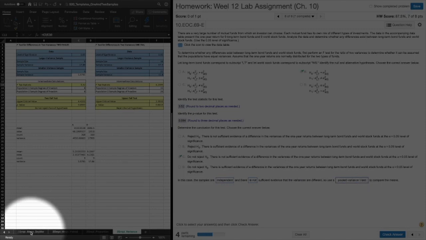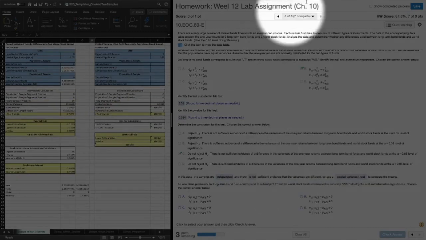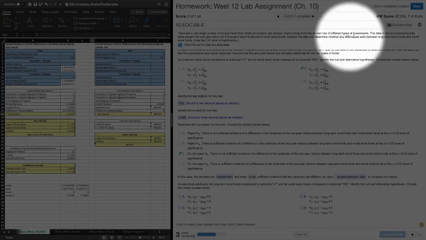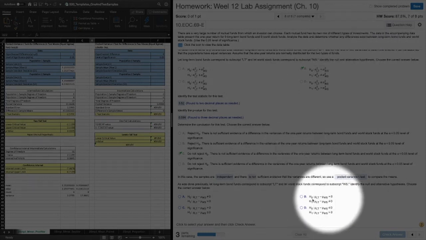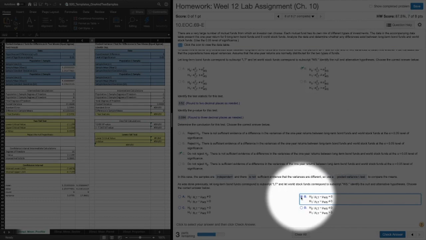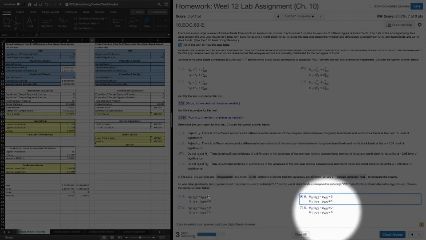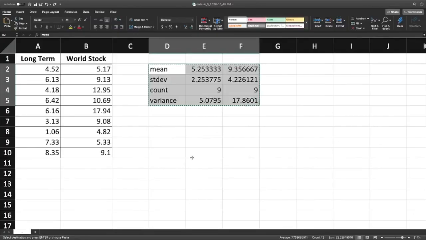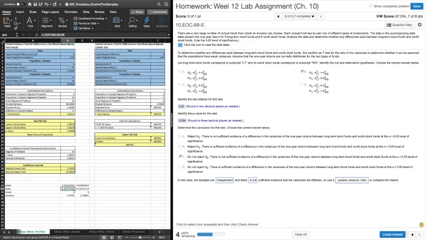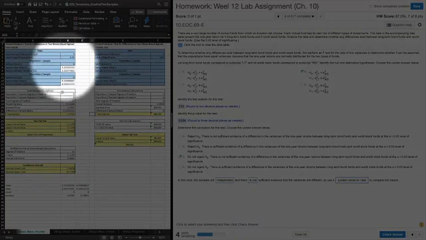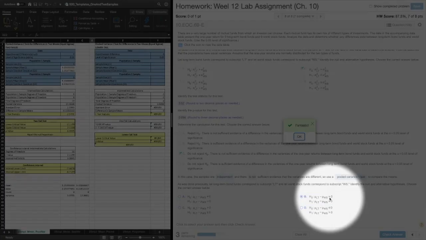So we go here and we take the pooled variance test of the mean. Again, we're just looking at a difference, so we are going to check this answer. It's not about greater than or smaller than. We want to check whether they are equal. Let us bring back those values that we punched in here.